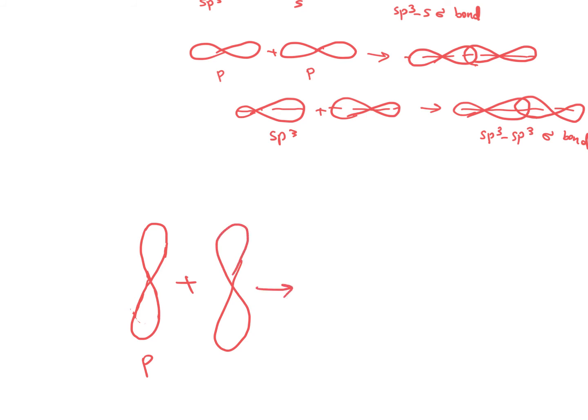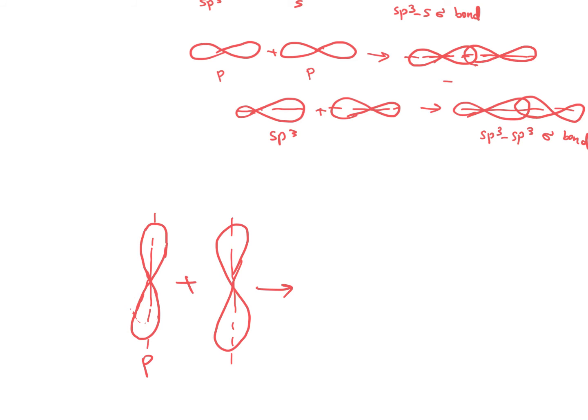These give, if they mix, or if these two orbitals overlap, and if you look at the axis, you see that they don't align, they don't have the same axis.